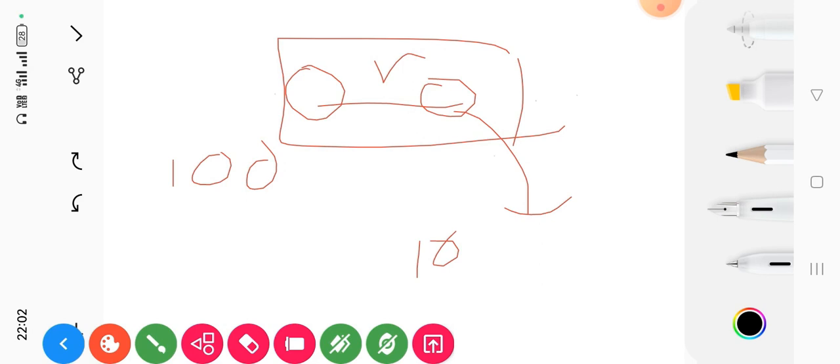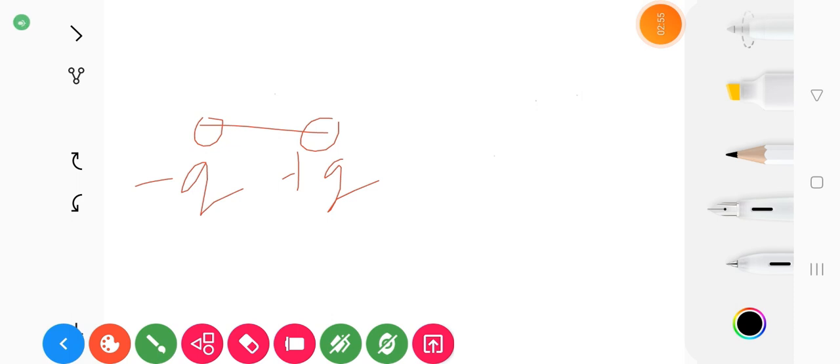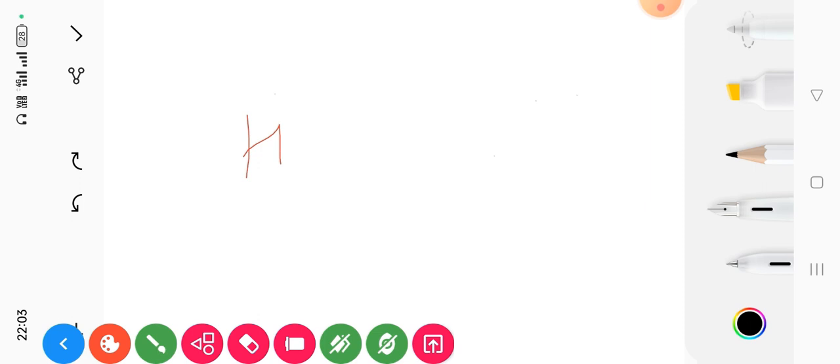Now the next important topic. Obviously a dipole is very important. And what is a dipole? Dipoles are two equal and opposite charges separated by a distance. For example, in chemistry you have studied the HCl molecule. In this, the electrons are shared, but the electronegativity of chlorine is greater than that of hydrogen.